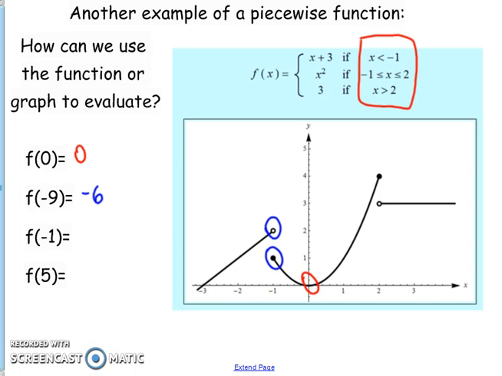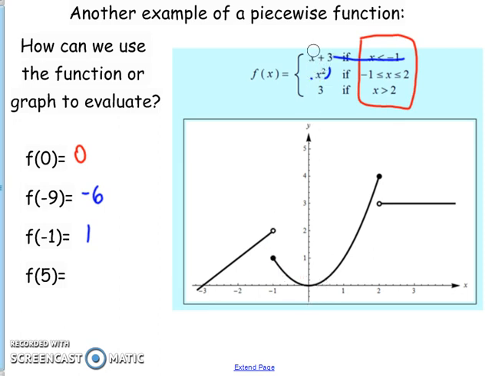Same thing with the function. If you look at the first one, x is less than -1. Well, -1 is not less than -1, so I'm not going to use this one. -1 would be used in the second one, because it includes the -1. If I square -1, I get 1. And we can see that from our graph as well.